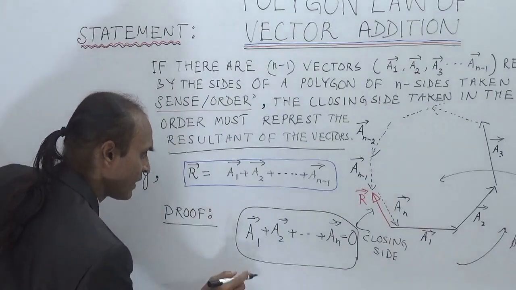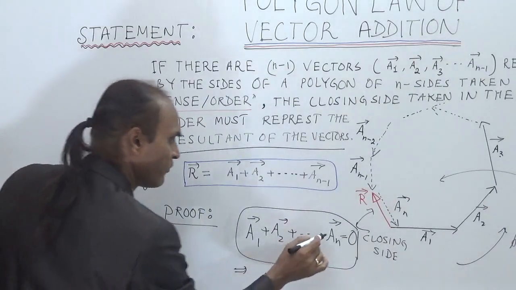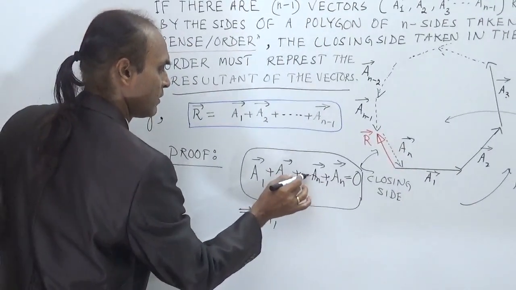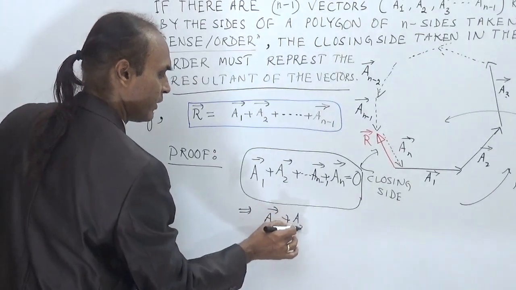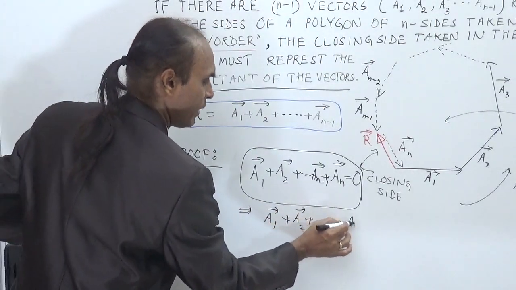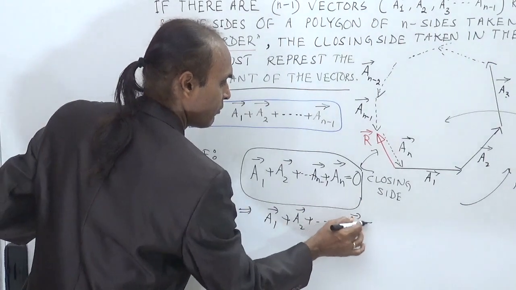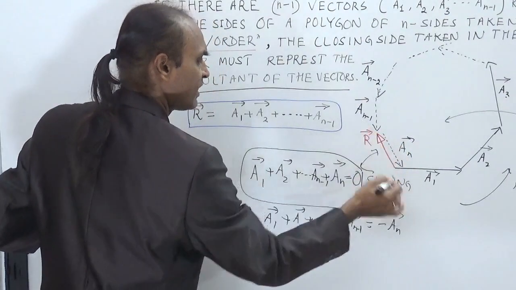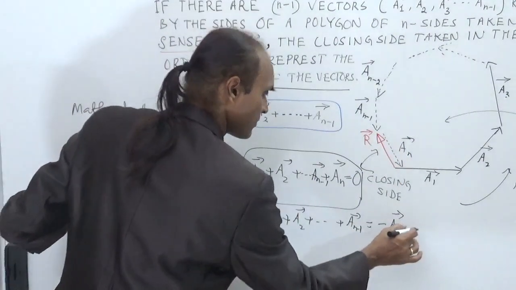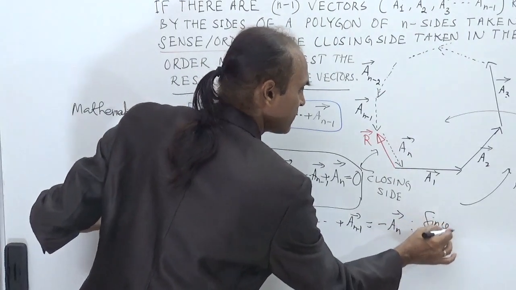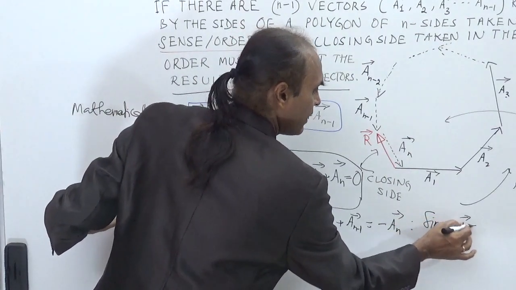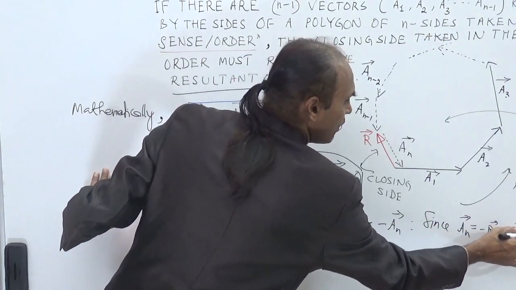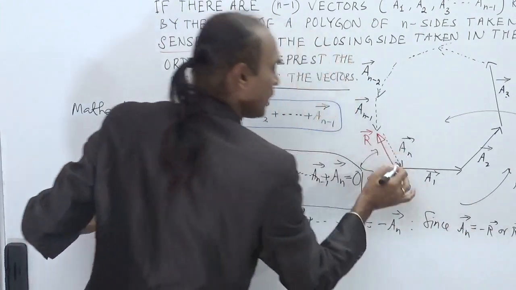Now, we have to bring an, that is n minus 1 plus an. A1 plus A2 in this way up to n minus 1 must be equal to minus an vector. But an vector and r vector are opposite. Since an is equal to minus r or r is equal to minus an, these are equal in magnitude.